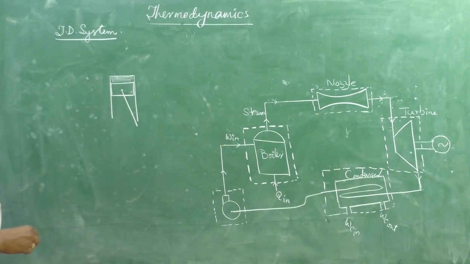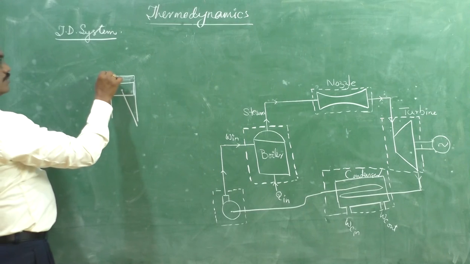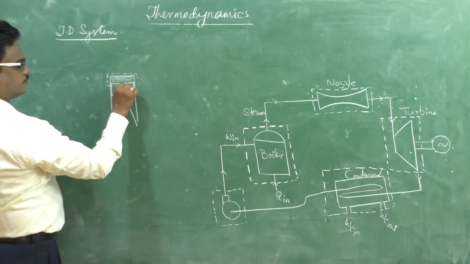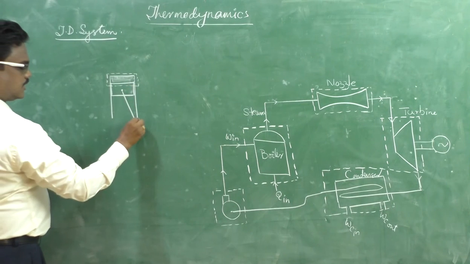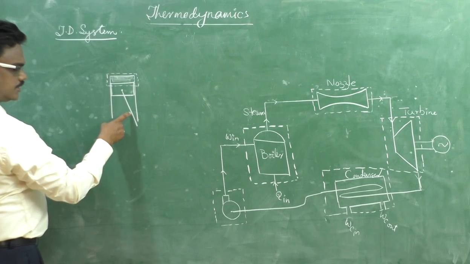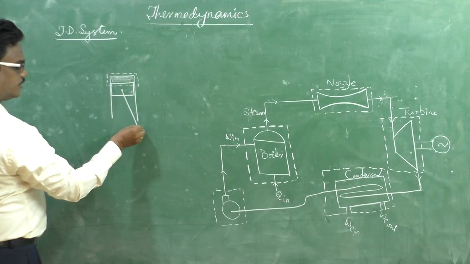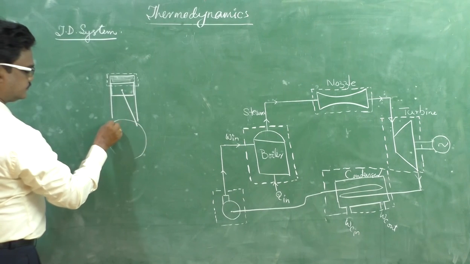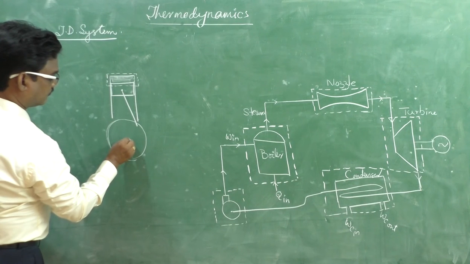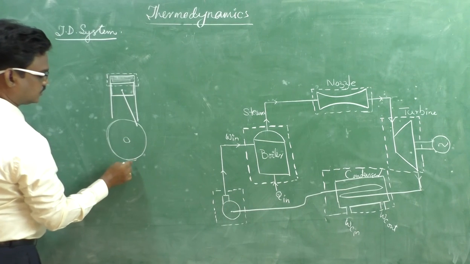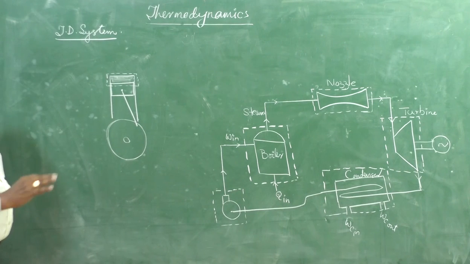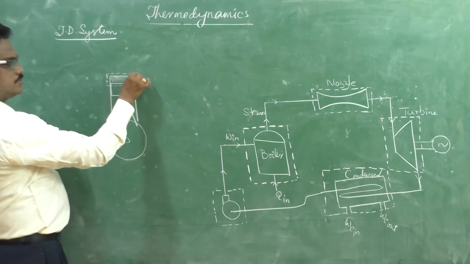We want to study the thermodynamics of this portion. And this is the piston, this is the connecting rod, this is the cylinder, and it is connected to a crank. Now, the initial stage, this is stage 1, we can assume. At this portion, this is the boundary.